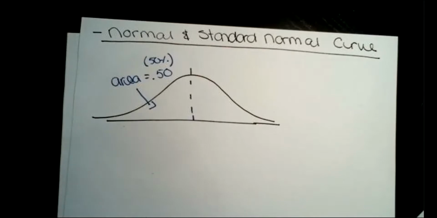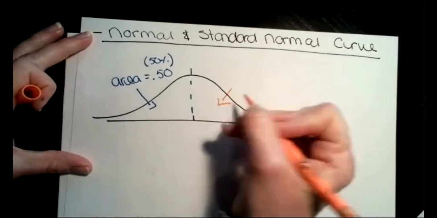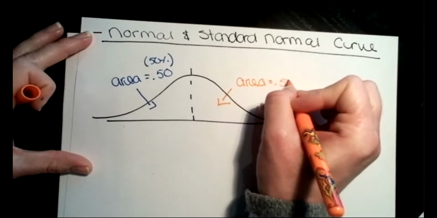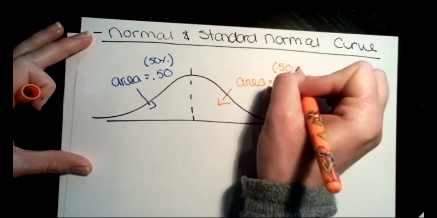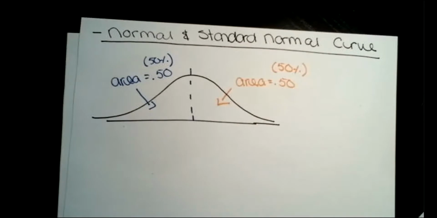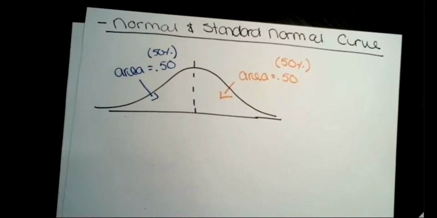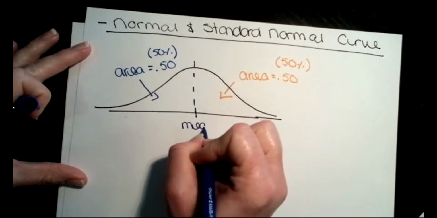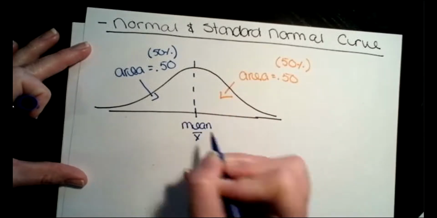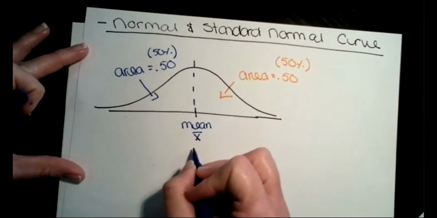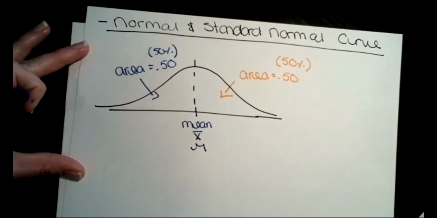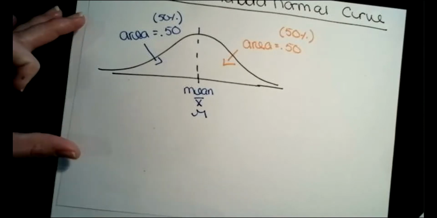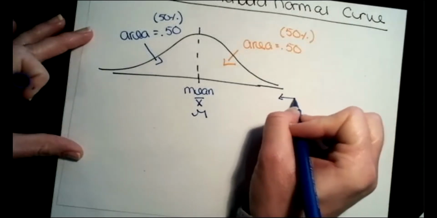And the area over here on the right is the same. It is 0.5 or 50% right here. And the middle is the mean. So remember, the mean, most of the time we're going to view it as X bar. I'm going to refer to it as the population mean mu in our calculations right now, but just know it's the mean, right? So that is my normal curve.